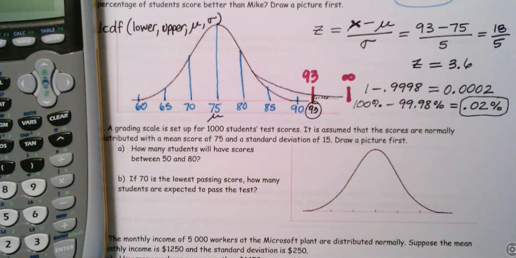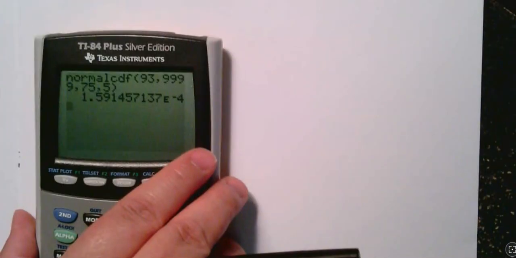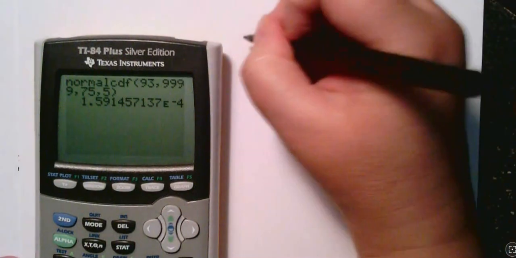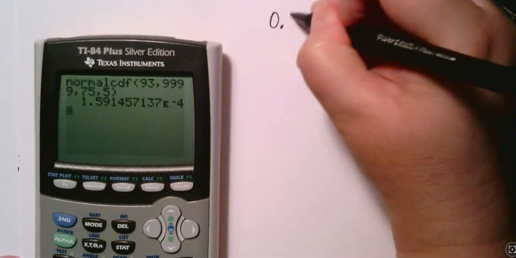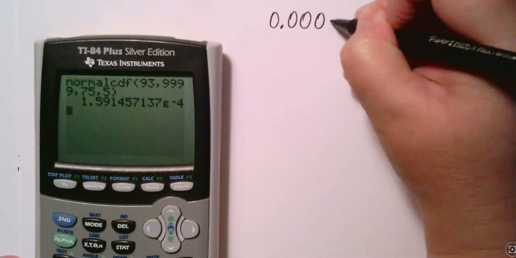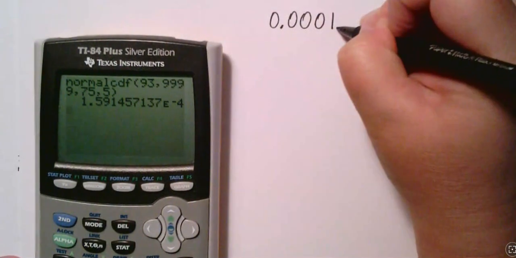And I'm trying to grab a blank piece of paper. This means 1.59 times 10 to the negative 4th. So 1, 2, 3, and then 4. It was after the 1, so there's 4 places here.